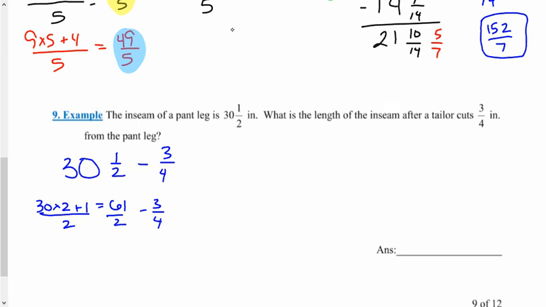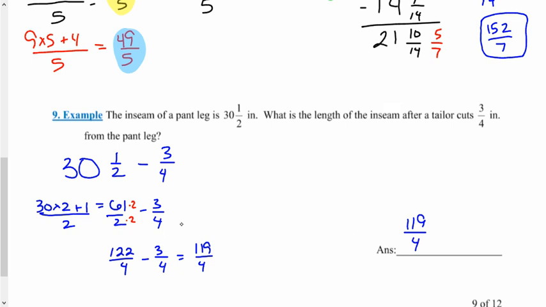I've got to get common denominators, and so what I'll do is multiply this one by 2 on top and bottom. So that's 122/4 minus 3/4 is 119/4. Now, this is a great time for me to kind of demonstrate, like, oh, the pant leg is 119/4 inches.